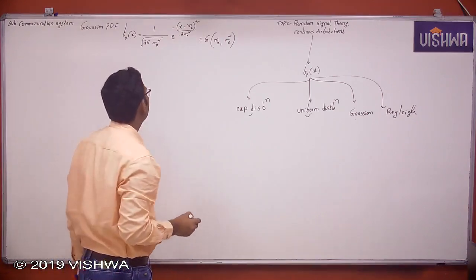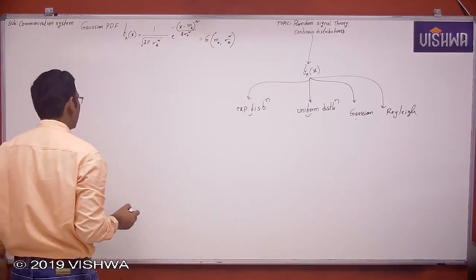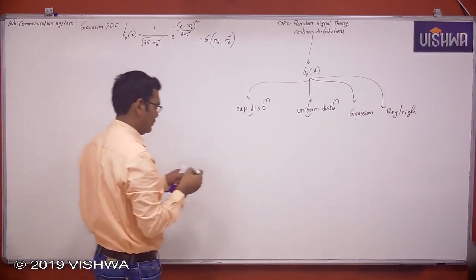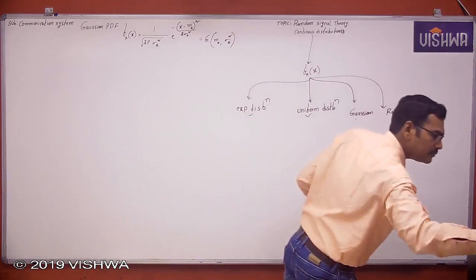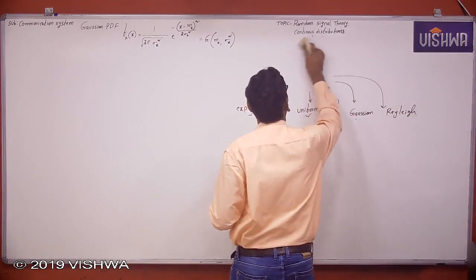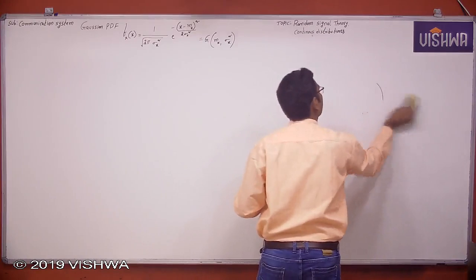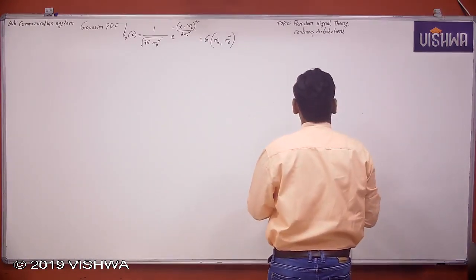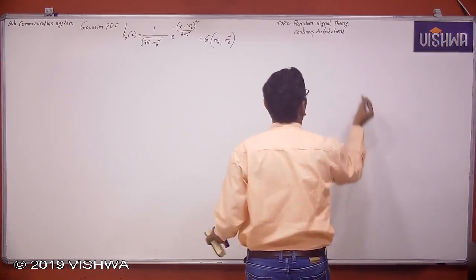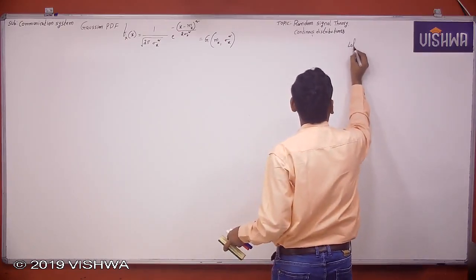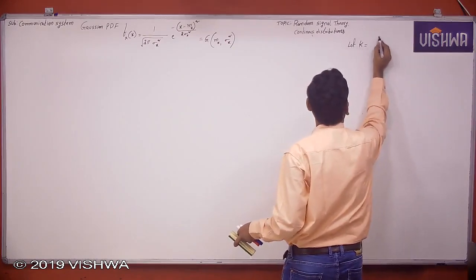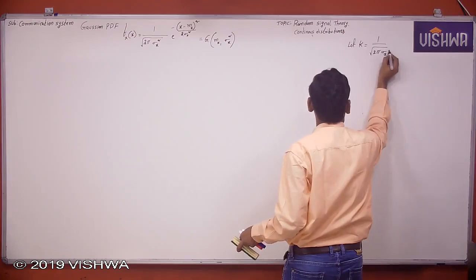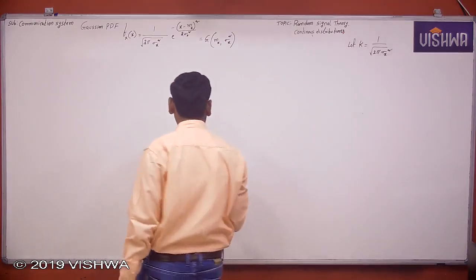Now we will try to write the distribution function. Let us assume some k equal to 1 by root over 2 pi sigma x square.